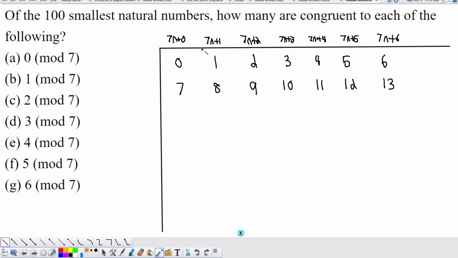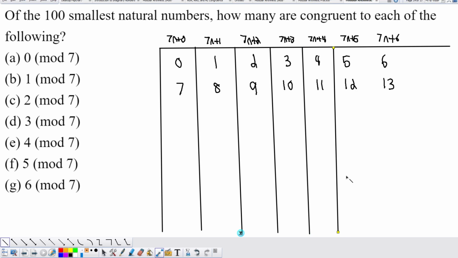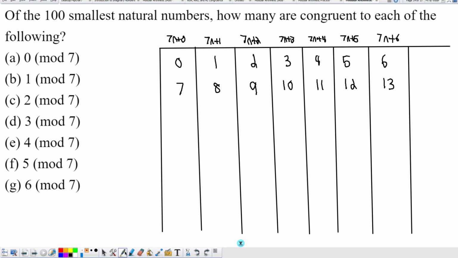Now, we can start filling out this table fairly efficiently. So let's just keep extending. And there we go. And we can just list all the values from 0 to 100, the smallest 100 natural numbers.